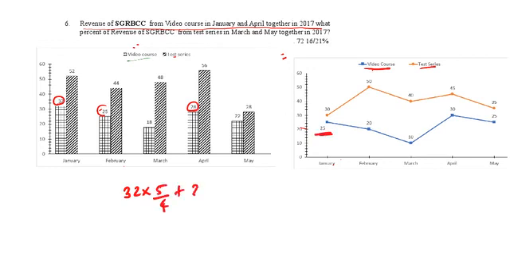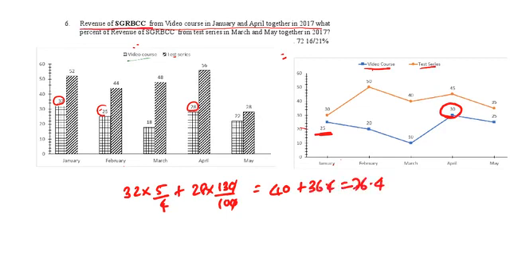April is 28, increase is 30%, 28 into 130 by 100. If you do this, we will get 40 plus 36.4. So totally 76.4. So revenue of SGR-BCC from video course in January and April together is 76.4.